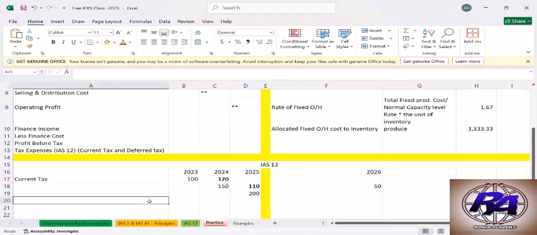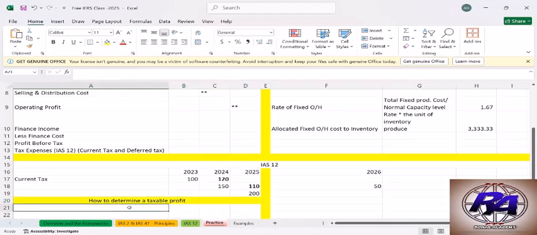Let me use a practice here because I'll be using figures. So how to determine a taxable profit. Let me merge this cell. Okay.